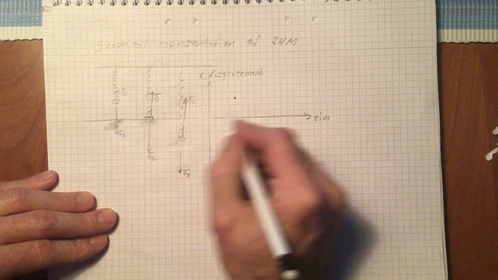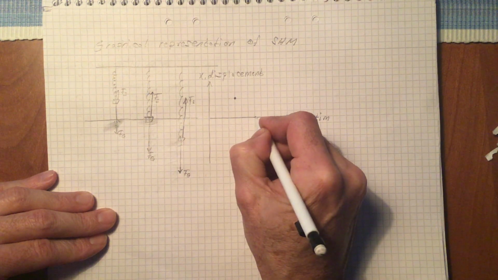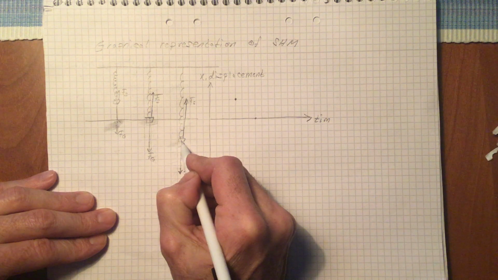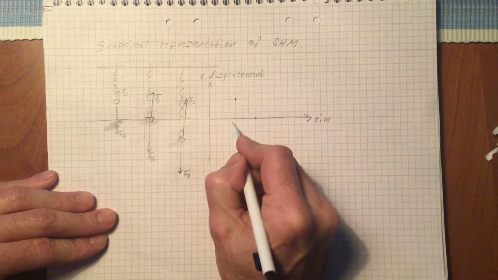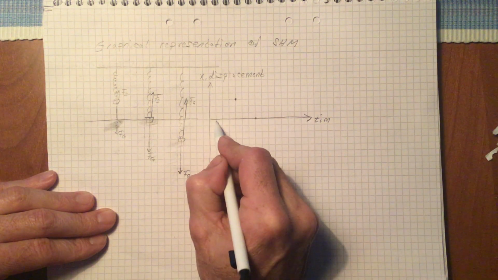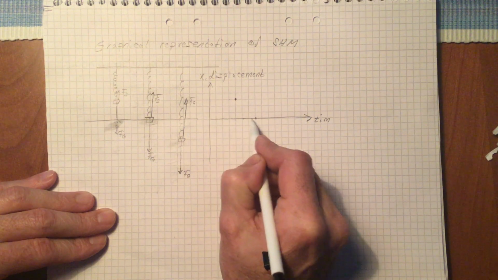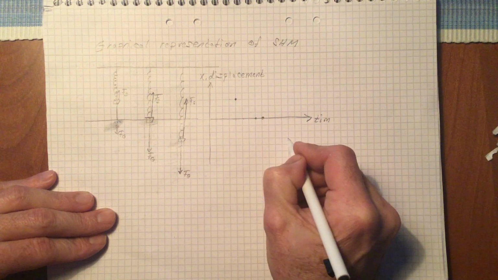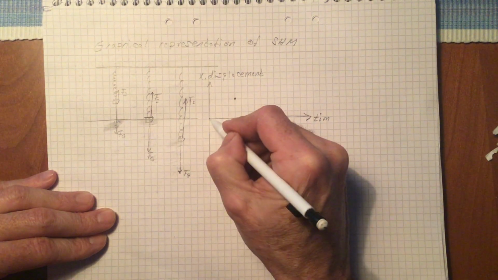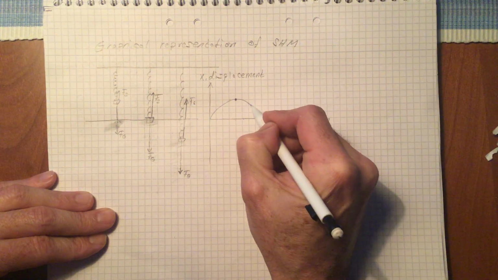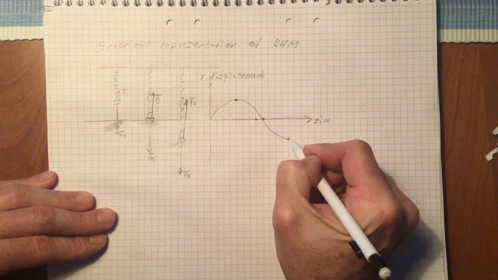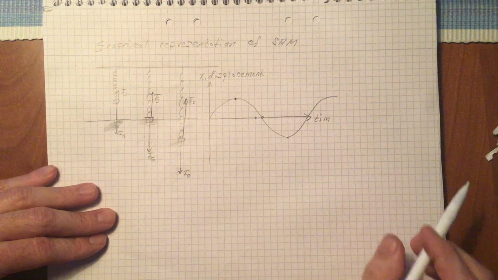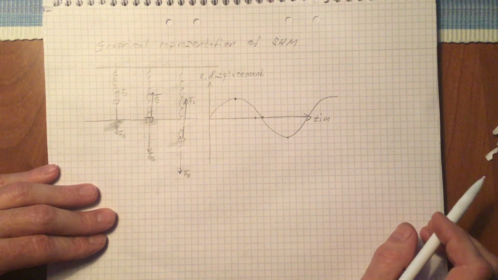And this is a point where it's at the mean or equilibrium, and then it's at its lowest point here. So let's see, 1, 2, 3, 4. That is that point. And at its lowest point. So you can draw it something like this. And you see this beautiful sine curve.